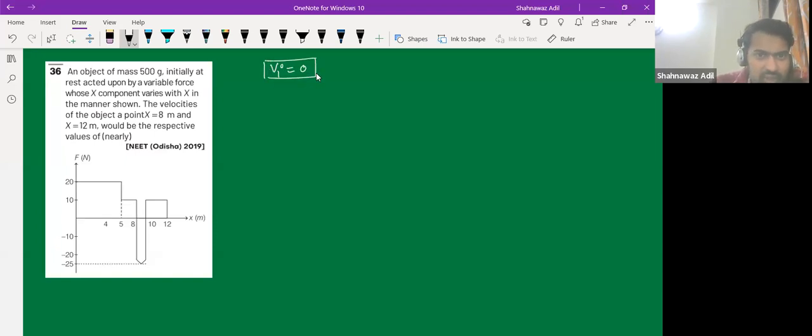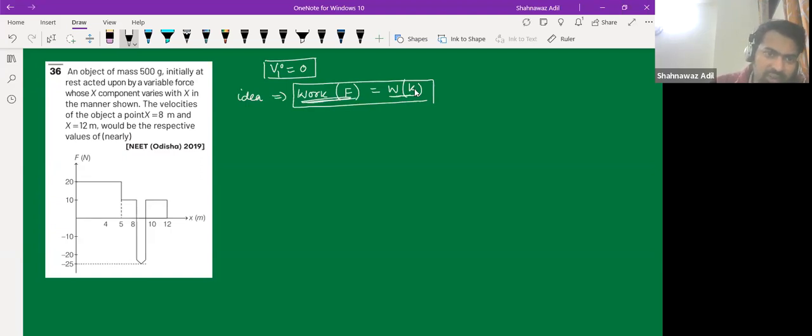So the idea in this question is that we have to relate work done from force to work done from kinetic energy. That is the idea. So first we will calculate the work done from force and then equate it to the work done from kinetic energy.